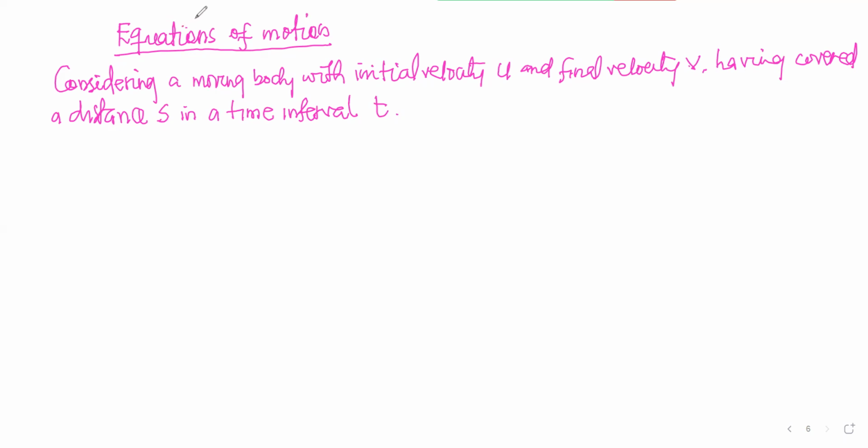We consider uniform accelerated motion, where the rate of change of velocity with respect to time is constant. So if a body is moving from one point to another, with initial velocity u and final velocity v, and it covers a distance s within a time interval t, how do we calculate the acceleration of such a body?